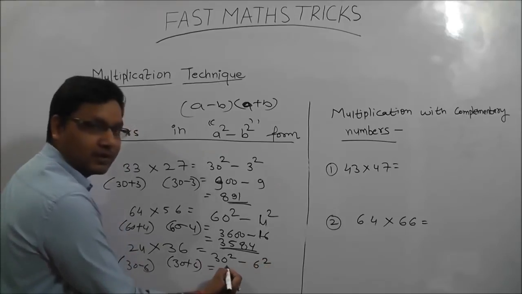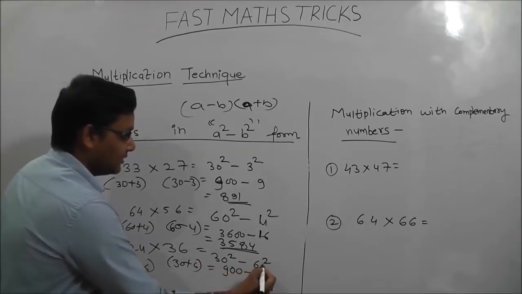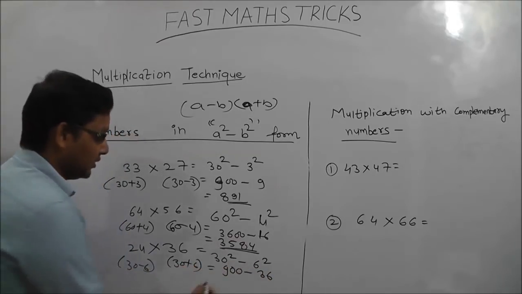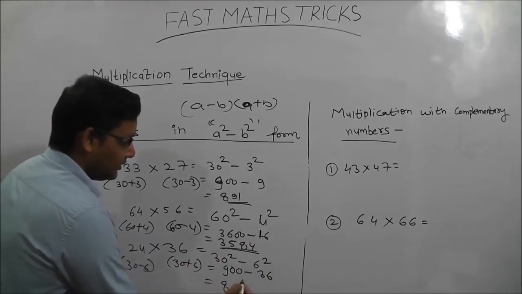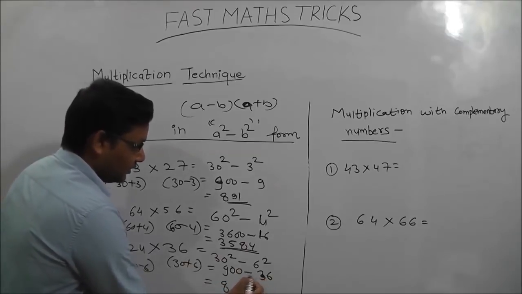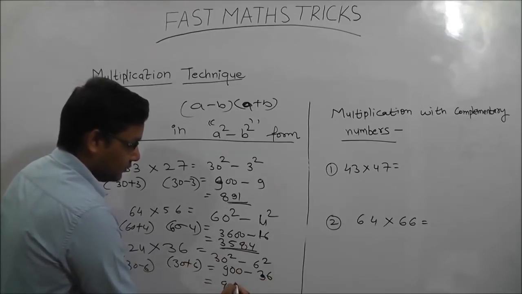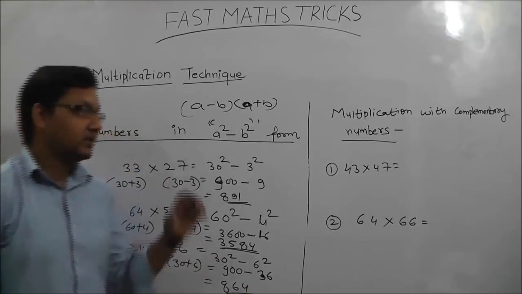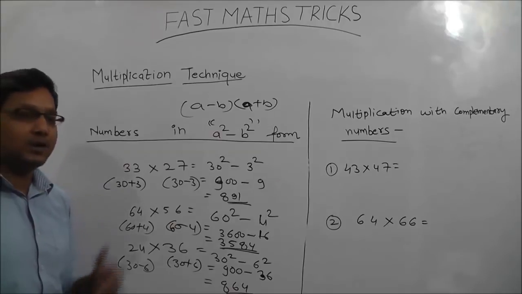This will come 900 minus 36. So the answer will be 864. So in this way, the numbers in the form a square minus b square can be solved.